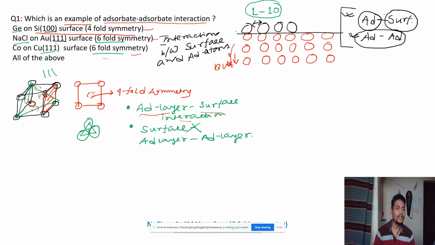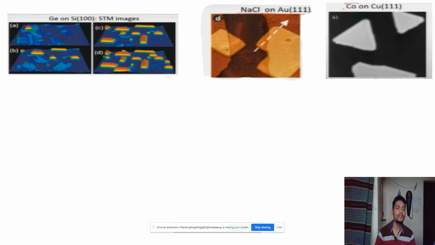Now we know everything, if I can know the symmetry of the surfaces given. So this is germanium on silicon 100. We already know silicon 100 is practically a square type of shape, and this has four-fold symmetry. If you try to see, each of these small islands is practically a square or rectangle.